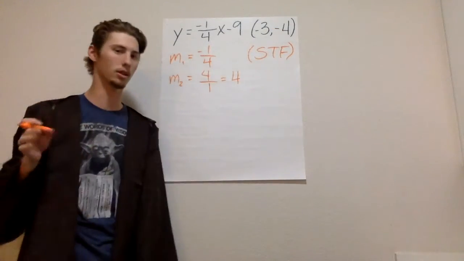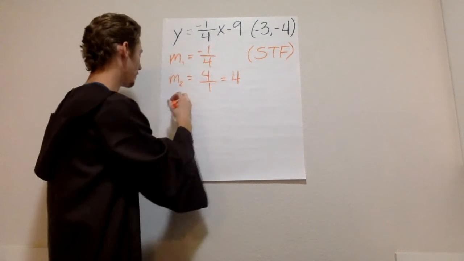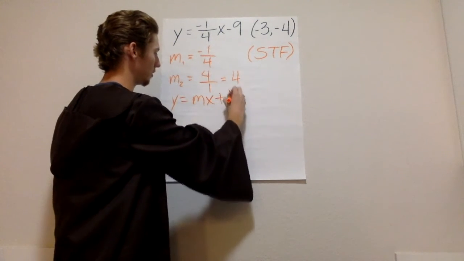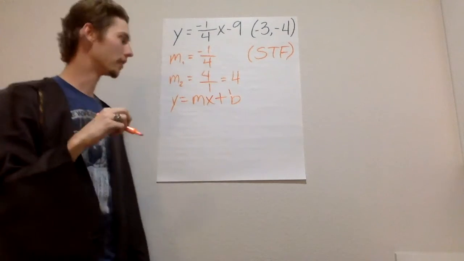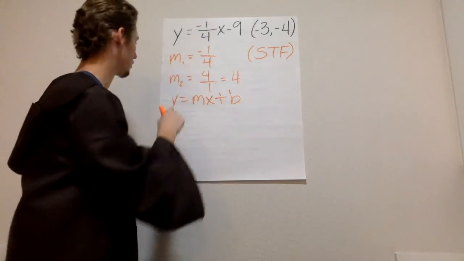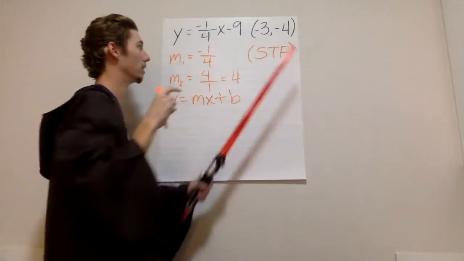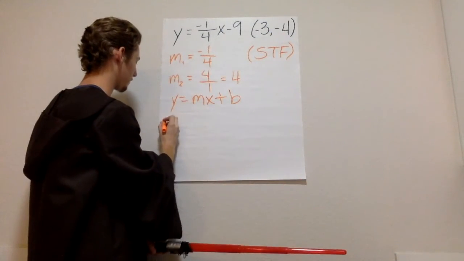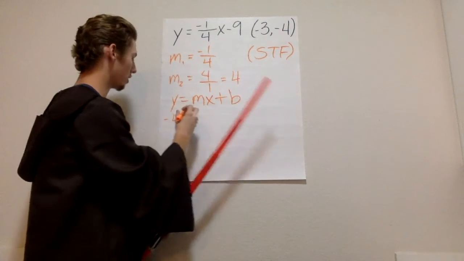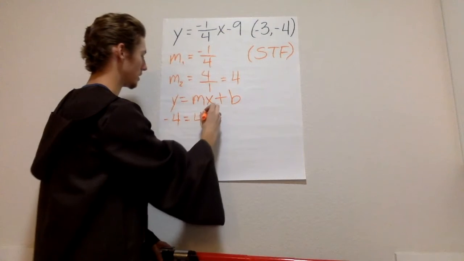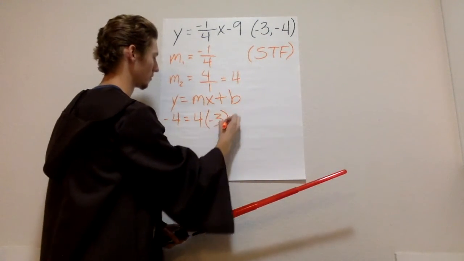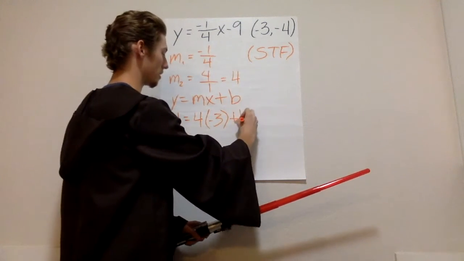So we're going to use Master Cohen's method first. We start out with y equals mx plus b, and then we plug in the things that we know to figure out what we don't know, which is the y-intercept. So our y value is -4, equals m, which we're going to use 4, times x, which is -3, and then plus b, since that's our unknown.